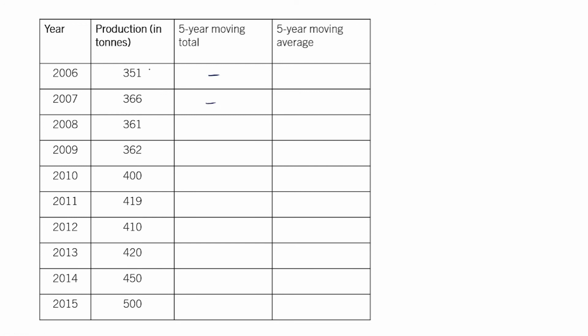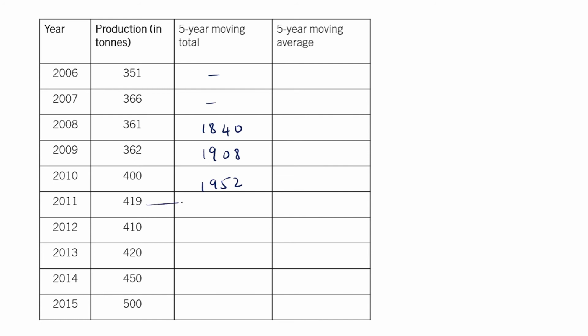So leave the first two, and add the first 5 observations. When we add all these, we get 1840. Then the next 5 observations, we get 1908. Then the next 5 observations, 1952.